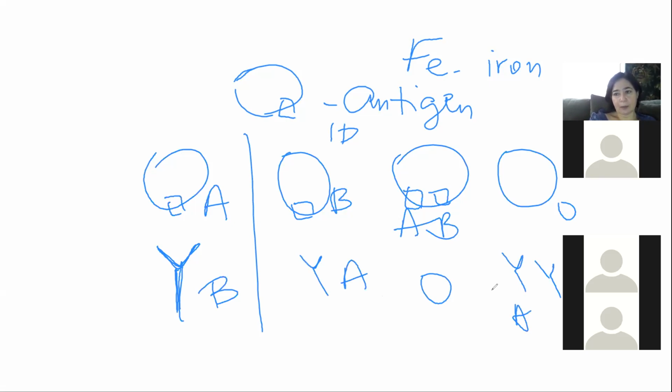Now what's the problem? There's no problem as long as you don't get a blood transfusion. The problem during blood transfusion is if you get a wrong blood type.